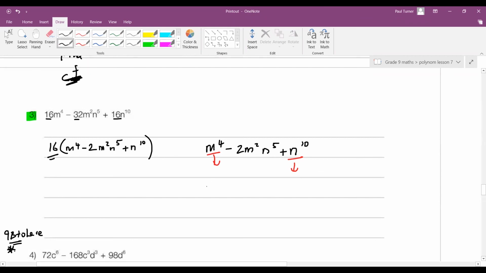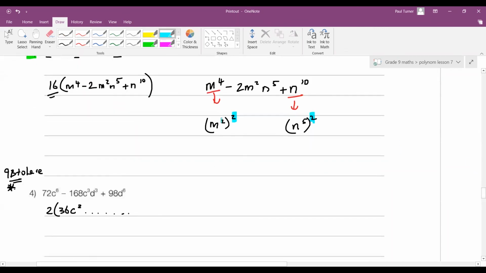So that's going to have to be m^2 squared. This will be n^5 squared. So remember, we want this power 2 here for the first and last term. So do that. And then we know A and B now. So A is m^2, B is n^5.